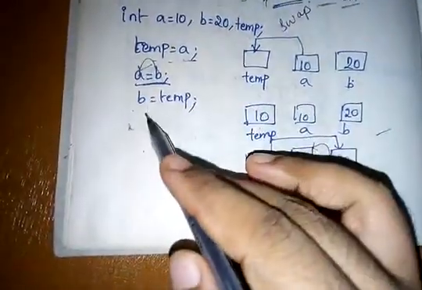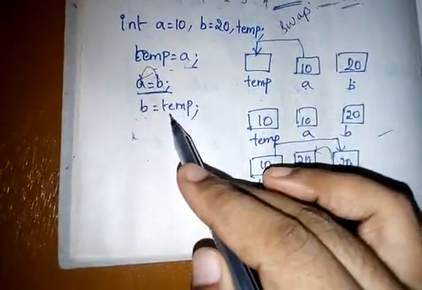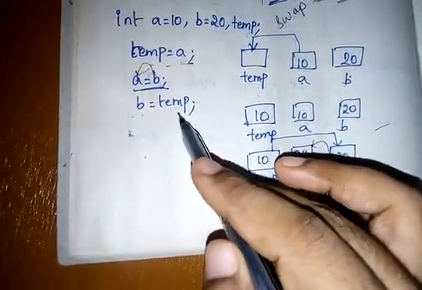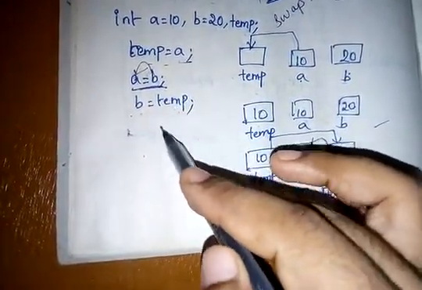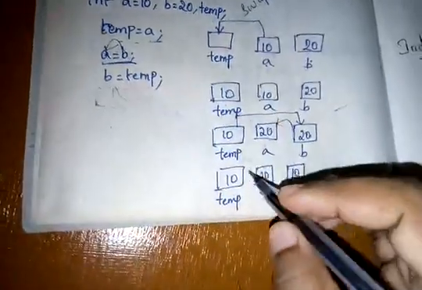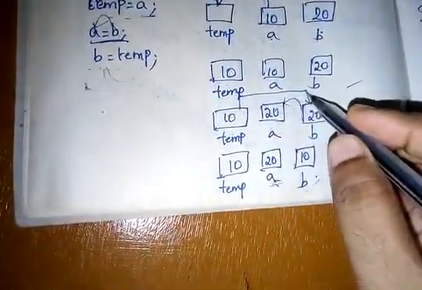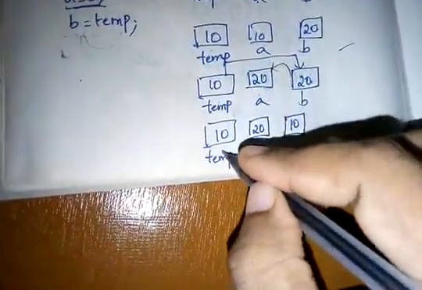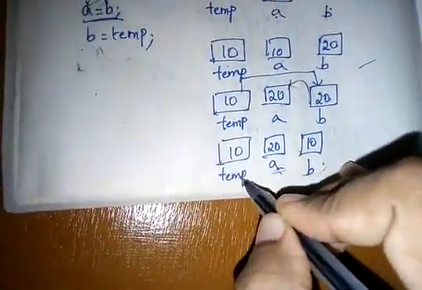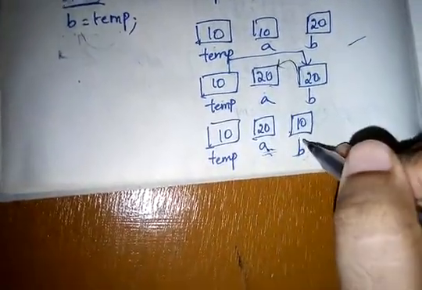So the third statement we wrote is b is equal to temp, that is the value in the temporary variable will be copied to b. So what is the value in the temporary variable? That is 10 and that will be copied to b. So after copying we'll have temp as 10, a 20 and b 10.